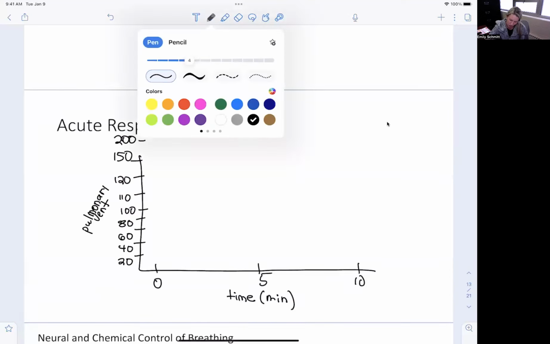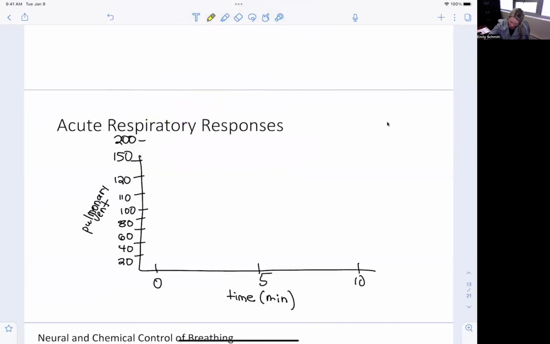Okay, so I'm going to draw this maybe a little bit differently than I did the last time. I'm going to talk about exercising here, ending our exercise. Oh, fun. I learned how to draw something new. So this is going to be our exercise time.